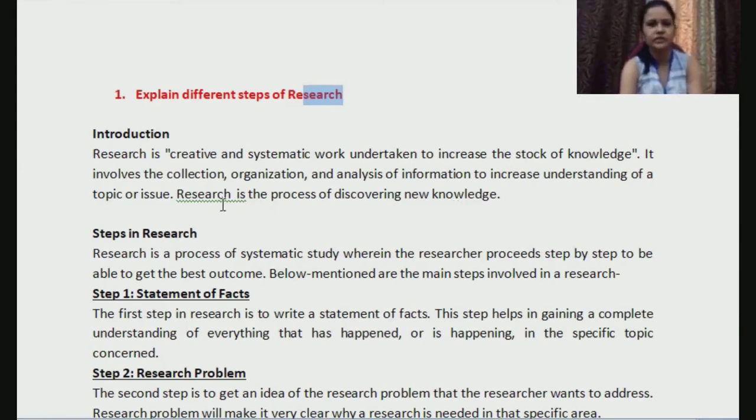So you can give one basic intro on what research is. One more thing I want to tell you is that there can be a question like explain different steps of research, or it may be framed as explain different steps of legal research. Whatever the thing is, it's the same.